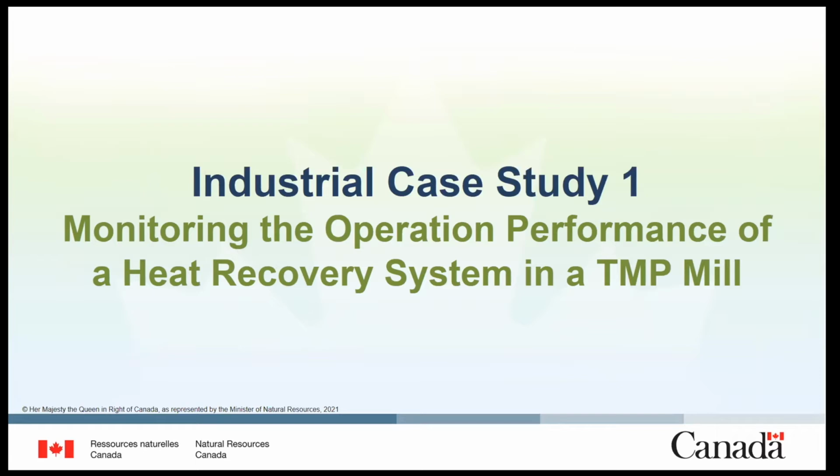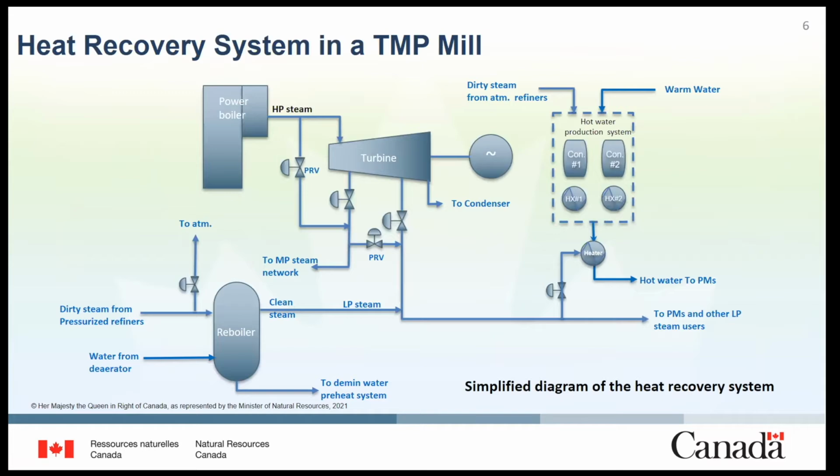So now I will talk about the case studies. The first one is the monitoring of the operation performance of a heat recovery network in a thermomechanical pulp mill. This diagram shows the heat recovery system, and also a part of the steam network.